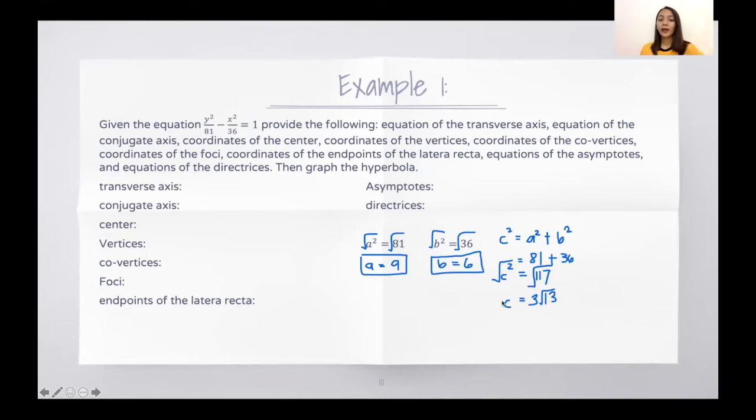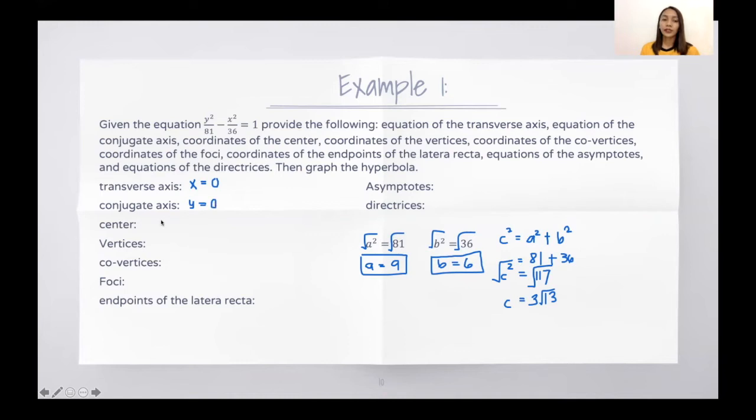Next, we can now find the coordinates and equations of the hyperbola. Since this is a vertical transverse axis, the transverse axis is x equal to 0, and for the conjugate axis, y is equal to 0.